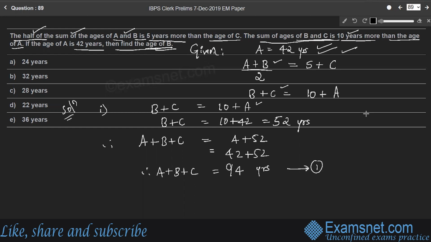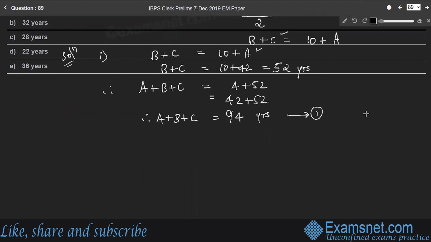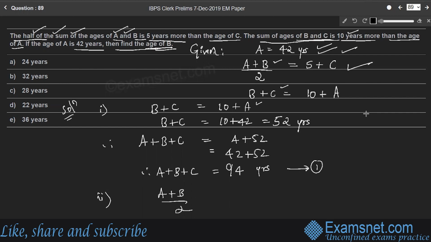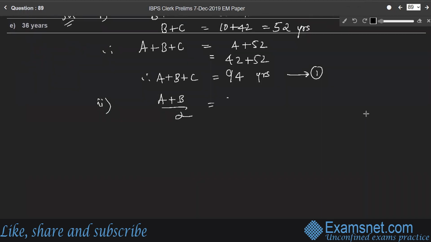Also it is given in the question that half of the sum of ages of A and B, that is (A plus B) by 2, is equal to 5 plus C, that is 5 years more than the age of C. Therefore, A plus B is equal to 2 times (5 plus C), which is 10 plus 2C.